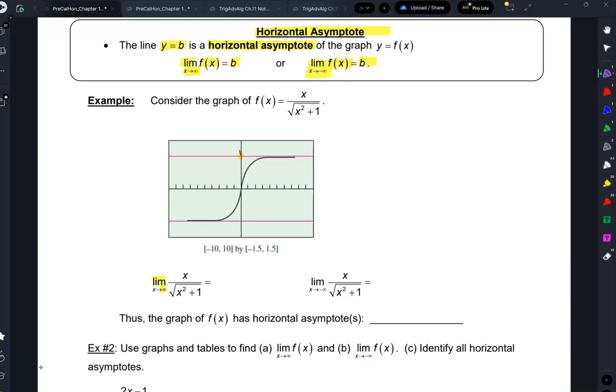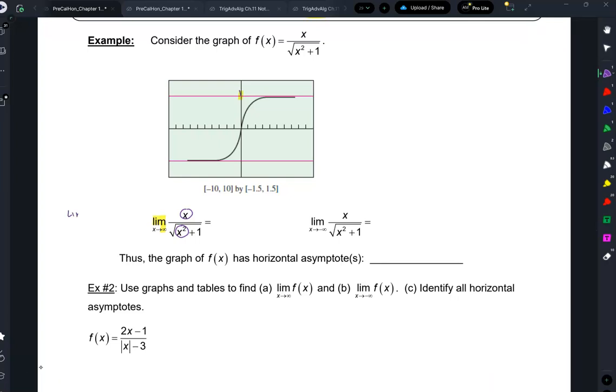Mathematically, right? Remember when we find limits at infinity, we basically just take the leading term over the leading term? Well, here, we know this is 1, right? But let's see why. The limit as x approaches infinity of x over the square root of x squared, right? Now, this would be the limit as x approaches infinity of x over, this would not be x, this would be absolute value x.